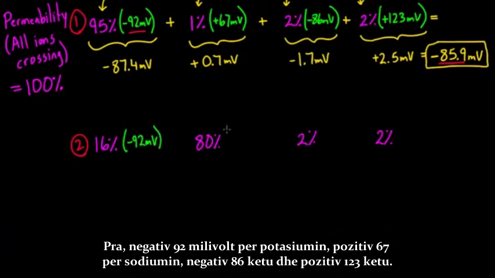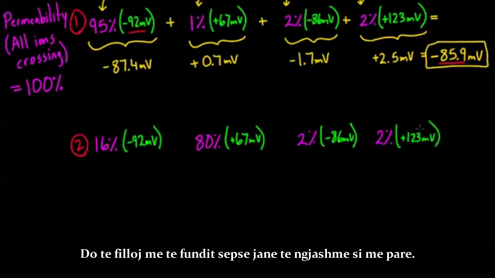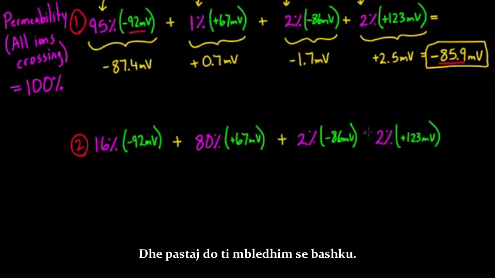So negative 92 millivolts for the potassium, you've got positive 67 for the sodium, negative 86 over here, and positive 123 over here. So I'm going to do the last two first because those are going to be the same as before, right? And we add them all up together.